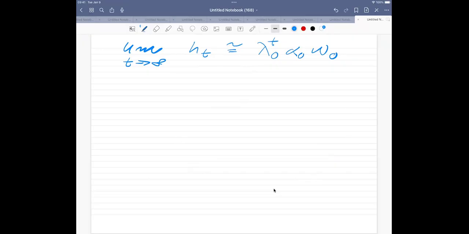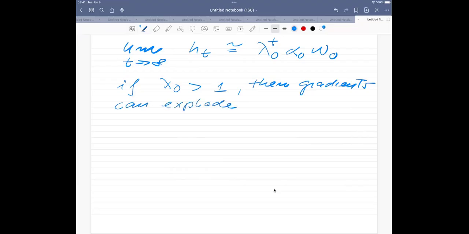If this lambda 0 is larger than 1, then the gradients can explode. If lambda 0 is smaller than 1, then the gradients can vanish.